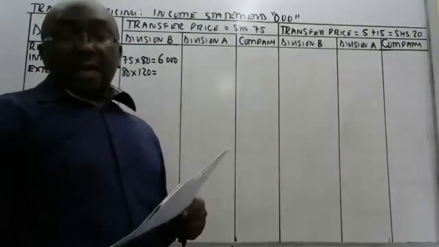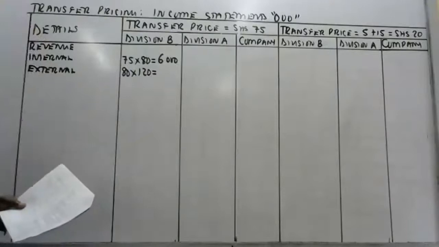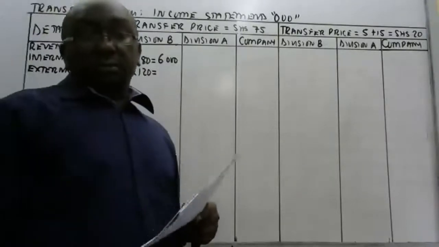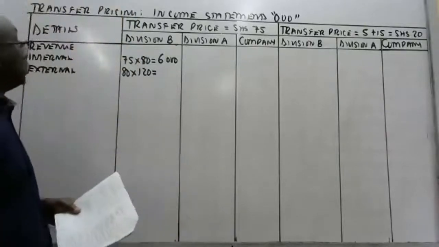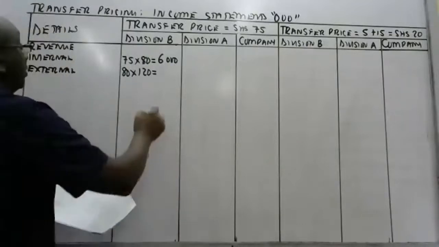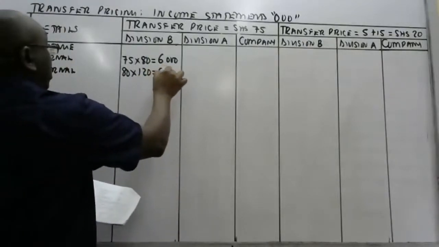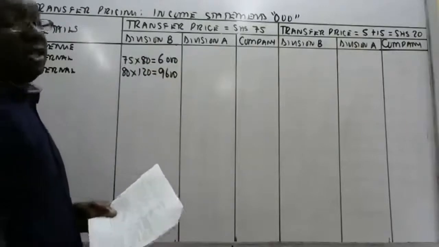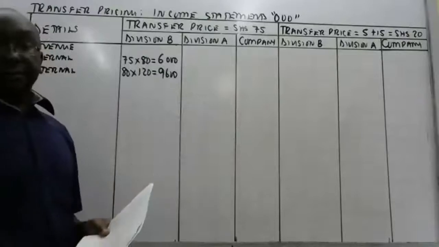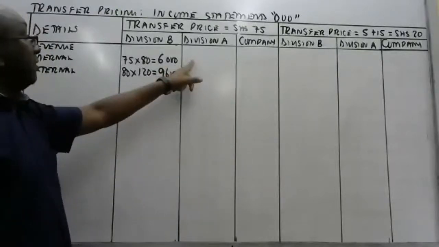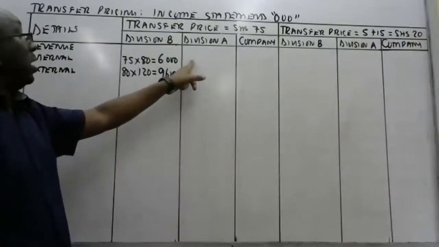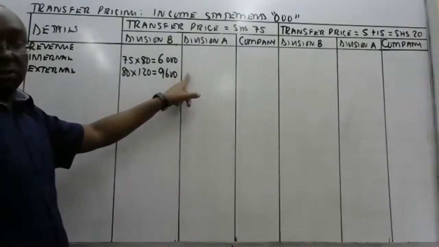So multiply that now. That is 9,600. That is regarding the sales of B. Let us go to A. A, being the receiver, has no internal sales. It only has external sales.